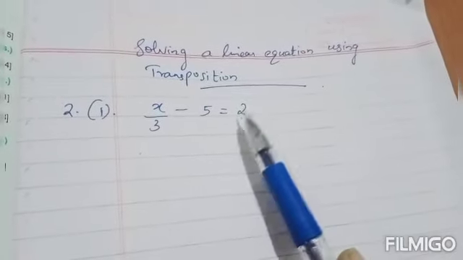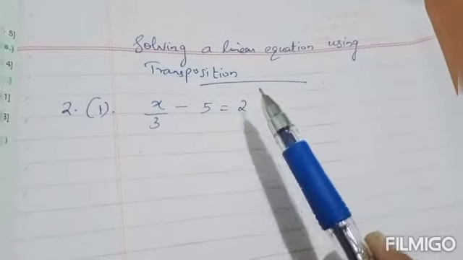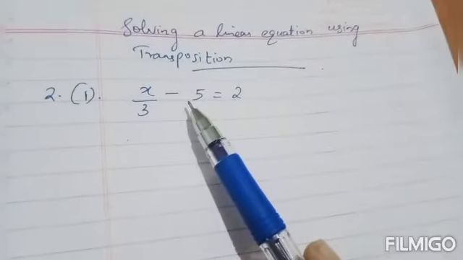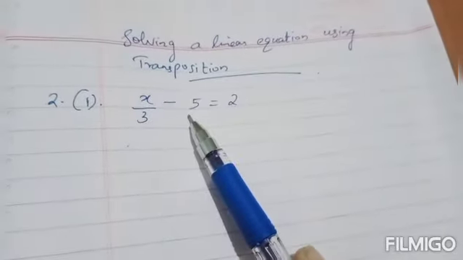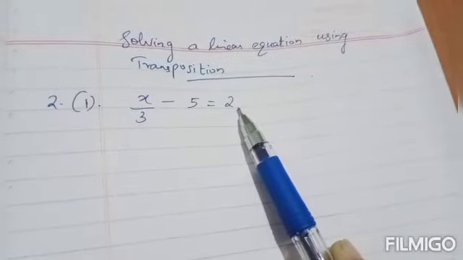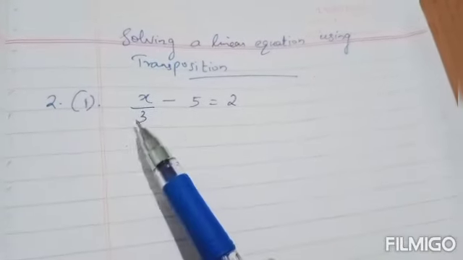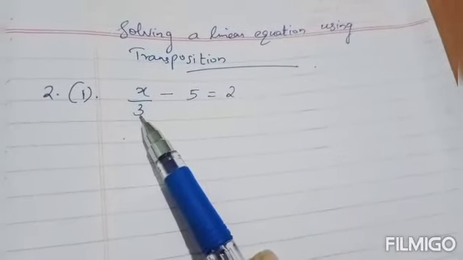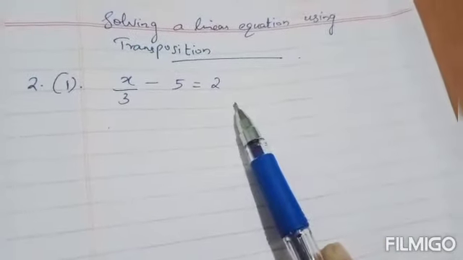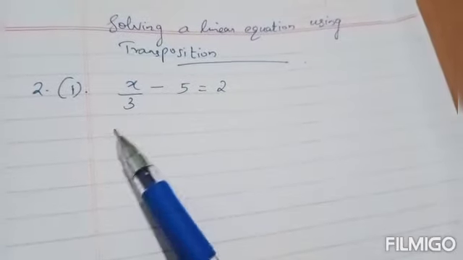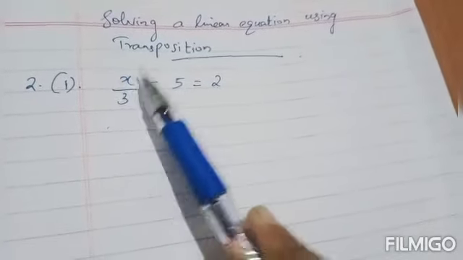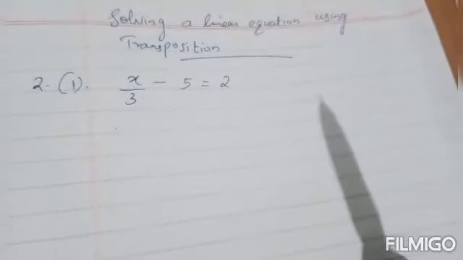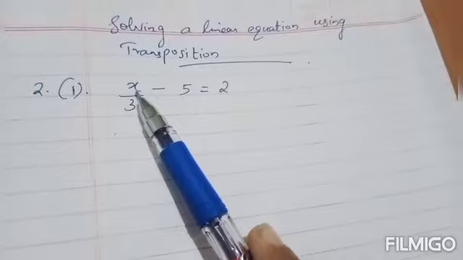On the right side 2 is coming. So here you are transposing this 5 to the right side. Next, after transferring 5, you are transposing 3 to the left side. In that way we will make the variable alone on the left side, then we will get the value of x.